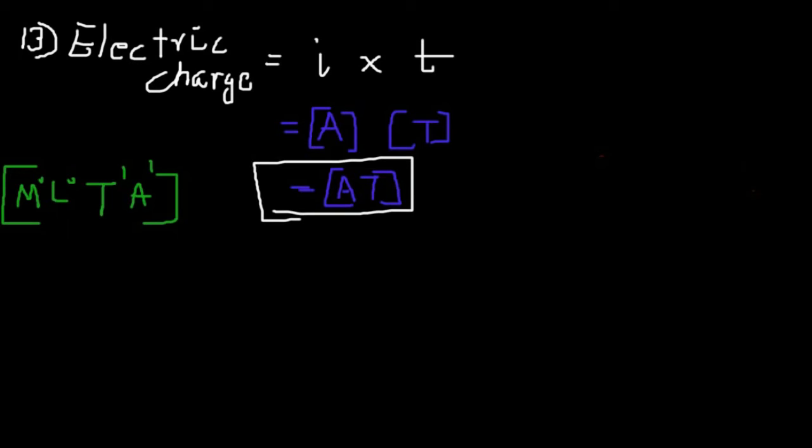If you represent it in the MLT form, you would get M power 0 L power 0 T power 1 A power 1.